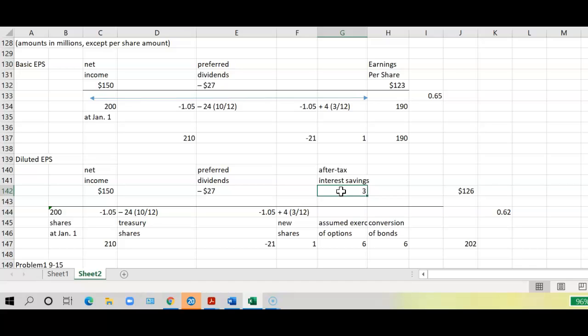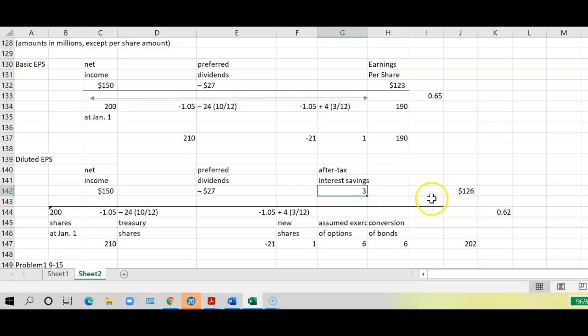And the net of tax would be 100% minus the tax rate given to us in the problem of 25%. So the after-tax savings, because the interest would not be included in the net income, so we would take 150 minus the 27, include the after-tax interest savings to give us 126 million.